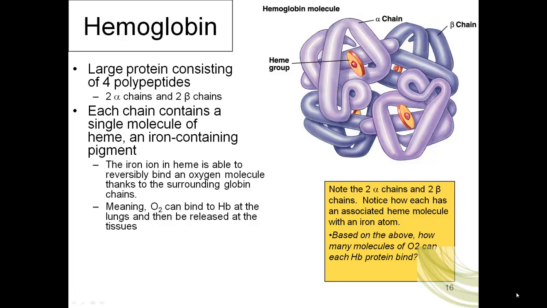So in the lungs, the globin chains allow iron to bind to oxygen, and in the tissue beds of our body, the globin chains cause the iron to let go of the oxygen molecule to the tissues. Now, my question in the yellow text box is, how many oxygen molecules can a single hemoglobin molecule bind? And the answer is, well, we've got 4 heme groups, 4 iron centers, and that means 4 molecules of oxygen.